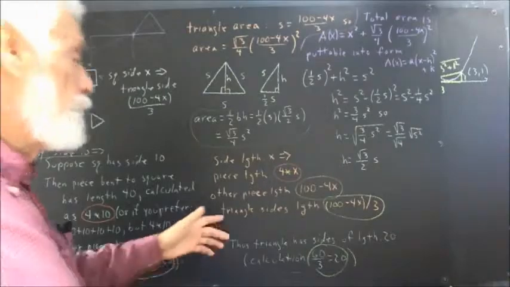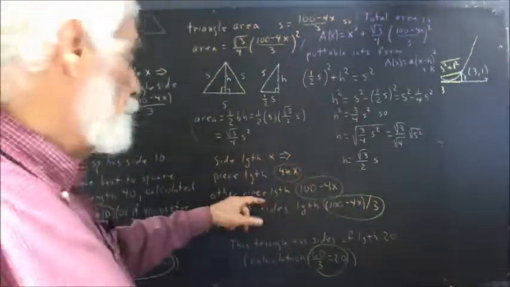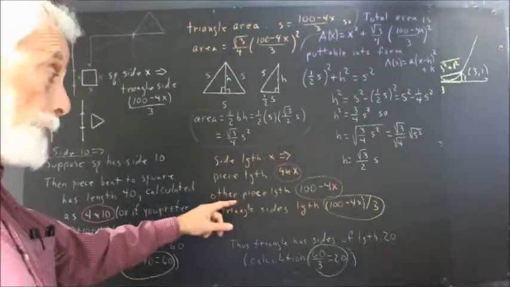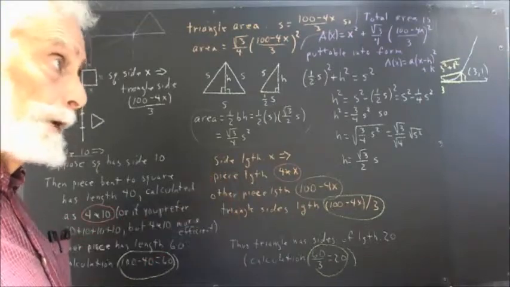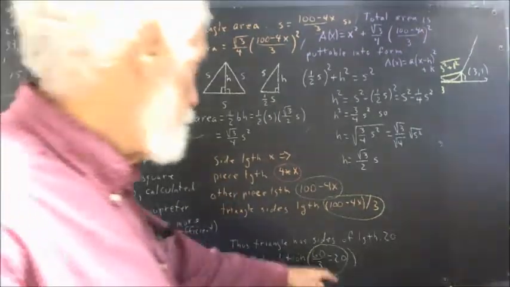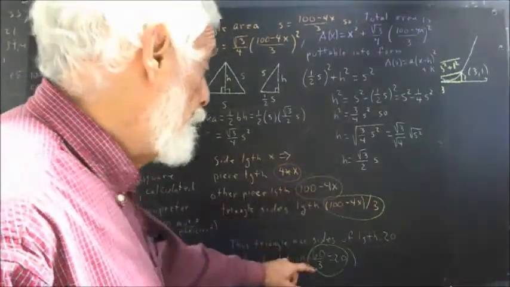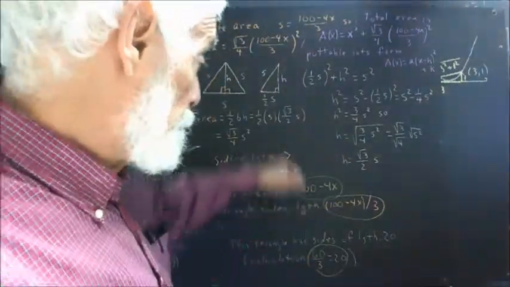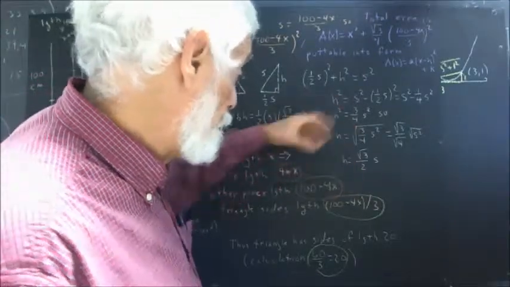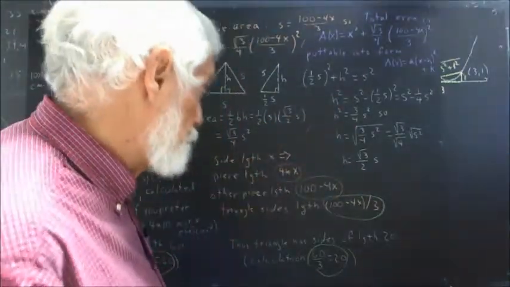Well, how did we get the sides of the triangle once we knew the length of the piece that we were going to bend into the triangle? We divided that 60 that we got here, the result of this calculation, by 3. So we're going to do the same thing. It's 100 minus 4x. That's how long the piece is that we're going to bend into the triangle.